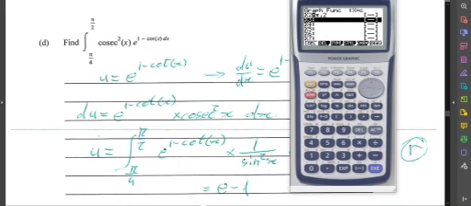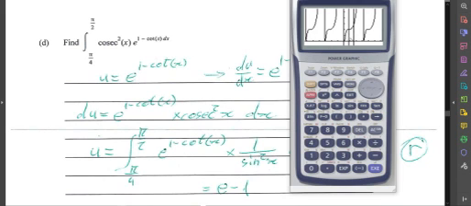And pi over 4. Shift pi over 4. All right, so it's this area here. Yeah? Between pi over 4 and pi over 2.